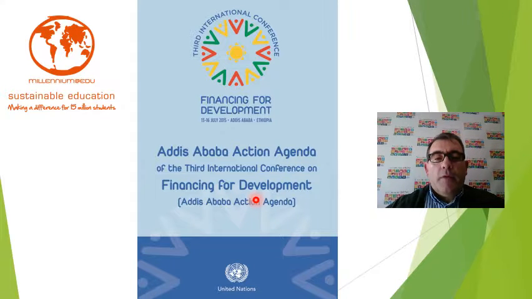Then we have the vision, the SDGs in Resolution 70/1, we have the indicators, and we have the financing for the Sustainable Development Goals. This agenda is very important, and in the follow-up of this agenda, a strategy for financing for development will be established.